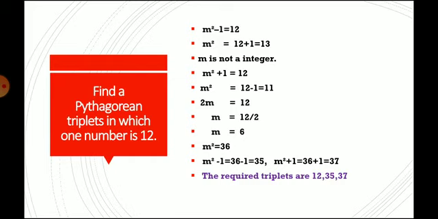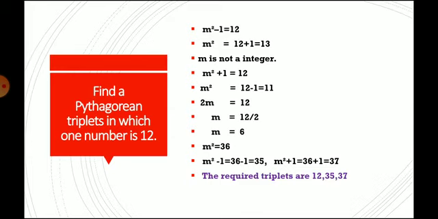So m equals 12 divided by 2, because 2 and m are connected by multiplication. If the multiplication term comes to the opposite side, it will definitely become a division term. So m is equal to 6. Okay, so m square is equal to 36.